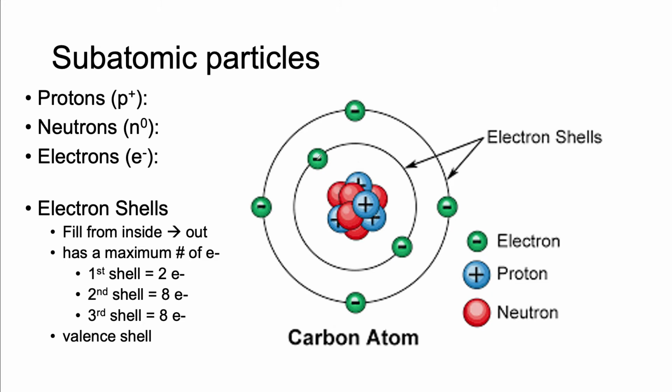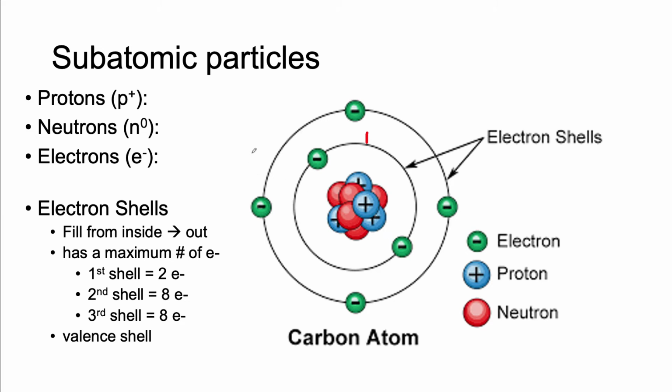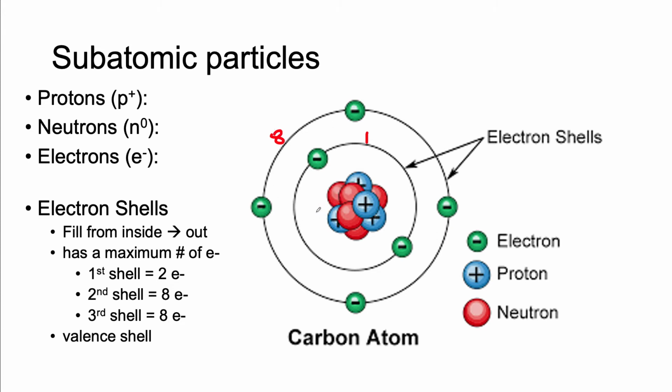So in the first shell right here, number 1, it can only take 2 electrons. So we're going to put our first 2 electrons in there. The second shell can fit up to 8 electrons in it. Now, this particular atom is carbon, and carbon only has 6 electrons.